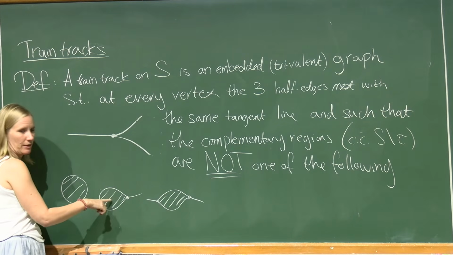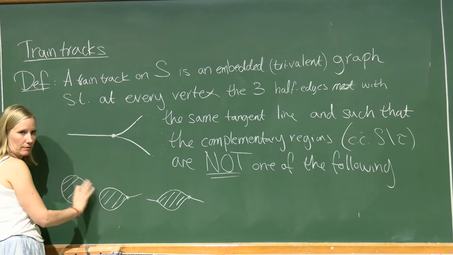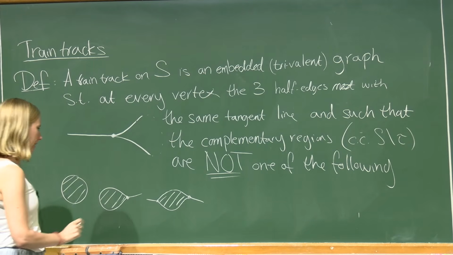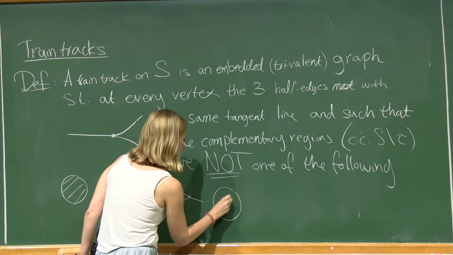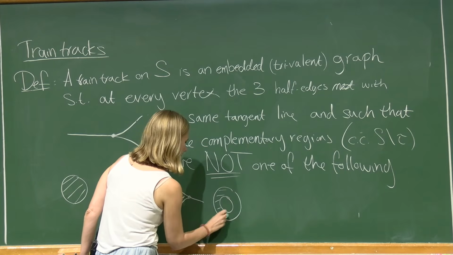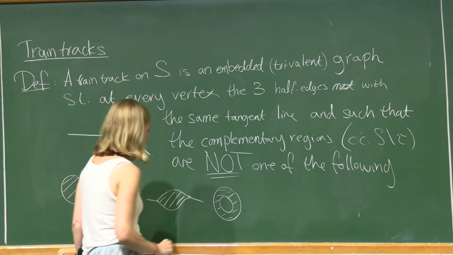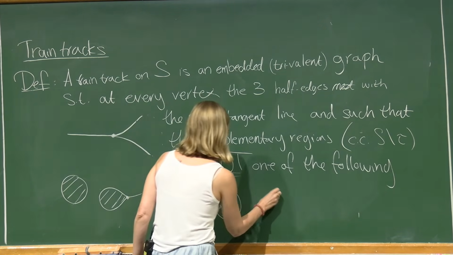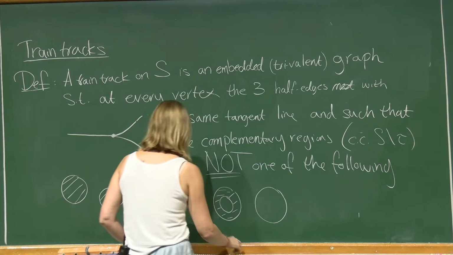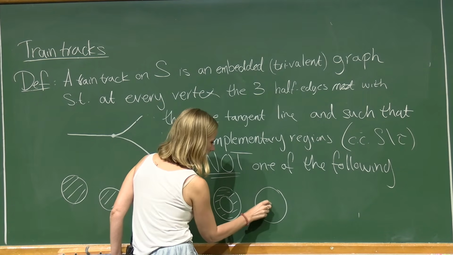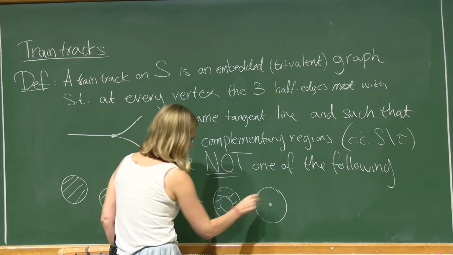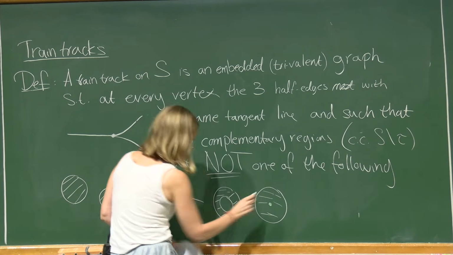If there was a genus in here or something, that's fine. But here, there's nothing there. And you also don't want a cylinder. And if you have punctures, you don't want a punctured disk. So here, this green one is the puncture on my surface. You don't want this. And I think those are all.